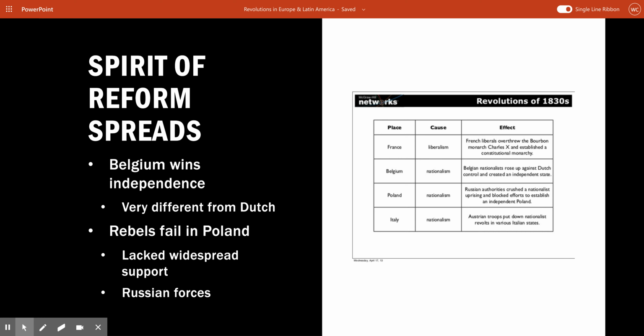Their only goal is independence, but they don't share much else in common. Because these rebels don't gain widespread support from everyone in Poland, and they're working against each other in some cases, it never gives them the ability to unite completely and have a successful revolution.